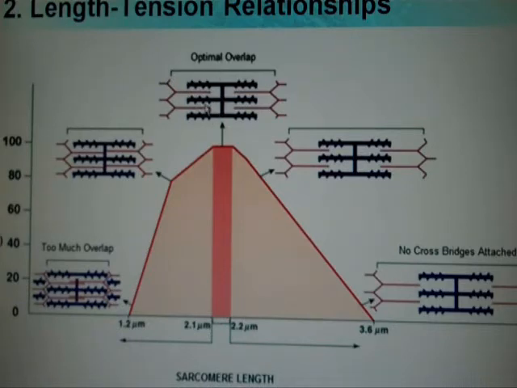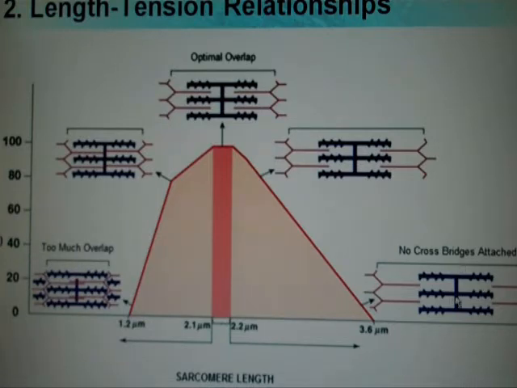So here, because there's proper overlap, optimal overlap, we can exert optimal force with our muscles. Here, there's not enough overlap, and because there's not enough overlap, not all that myosin is able to bind to the actin, so it's not able to produce very much force.